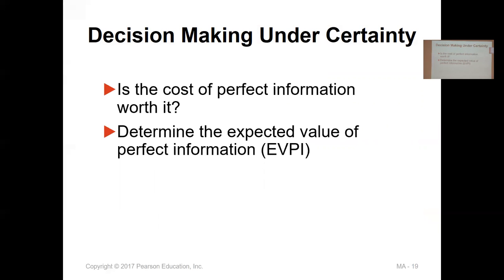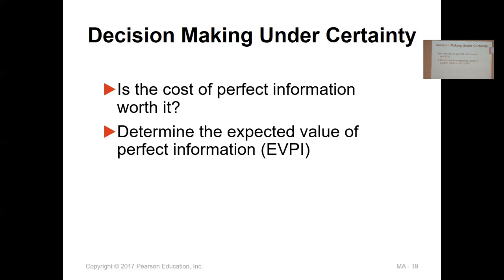And then the last thing we're going to look at is that there is no such thing as perfect information. We realize that. But if I can get more information to help me make my decision, I've got to figure out a way to determine, if I spend X amount of dollars to get new or more information, trying to get to perfect information, how much is that really worth?